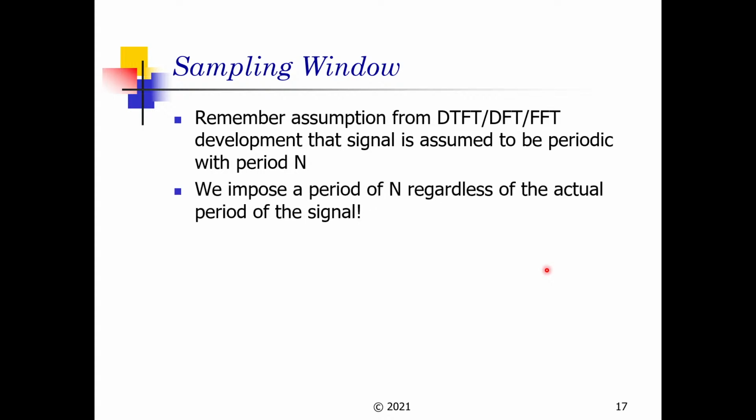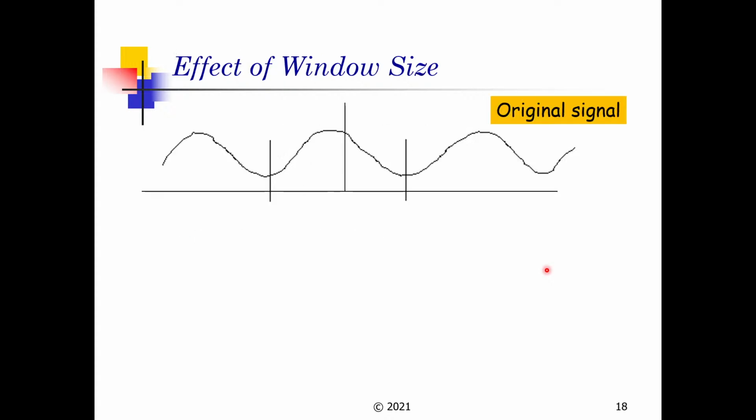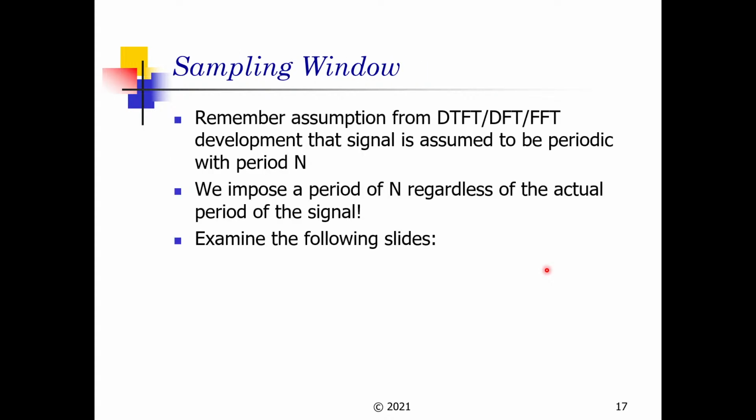So in performing the DTFT, the DFT, or the FFT, that means you'll always be imposing a period of N regardless of the actual period of the signal. So let's examine what happens when we actually do this, and what's going to be the effect when we don't coincide with that period N.